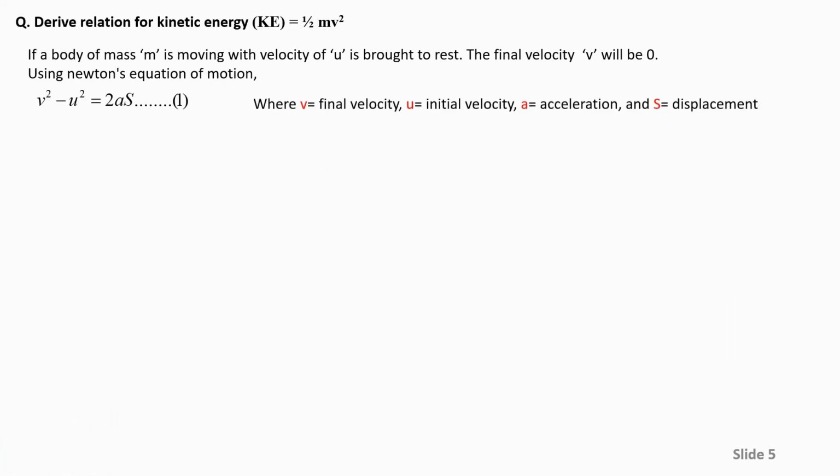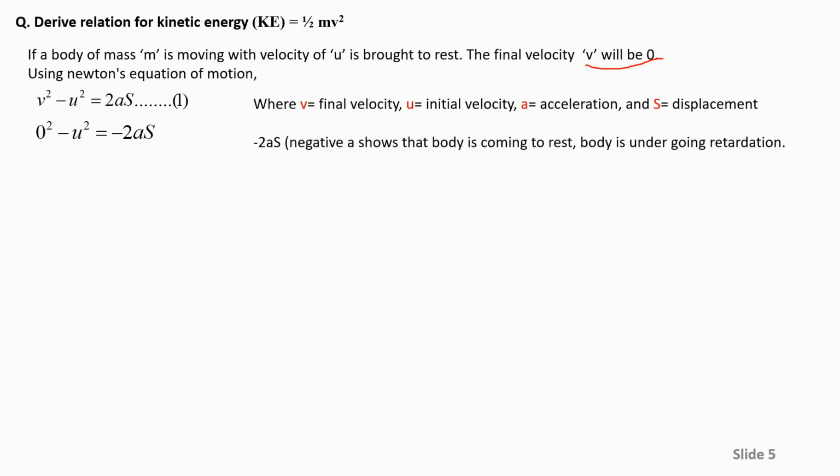Here v is the final velocity, u is the initial velocity, a is acceleration, and s is the displacement. Since the moving body comes to rest, the final velocity will be 0. So 0 square will be 0, and u square will be equal to minus 2as.